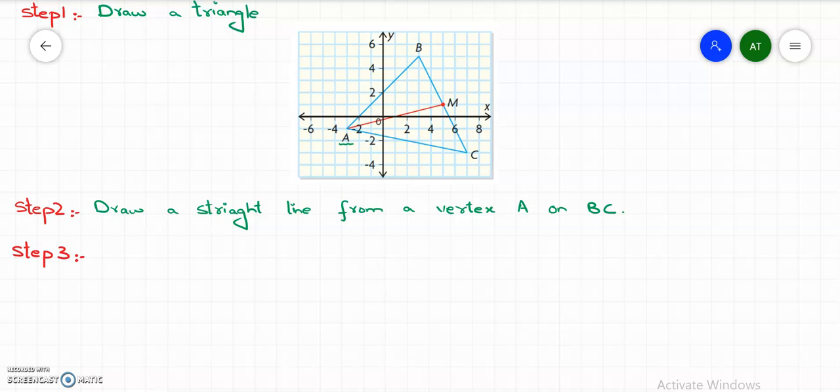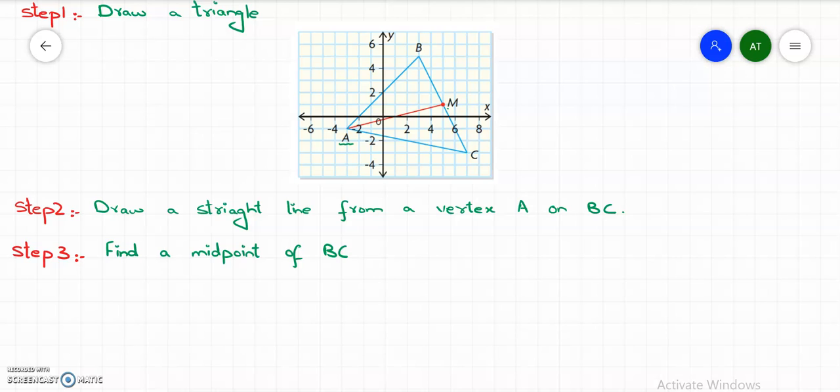In step 3, we need to find the midpoint of BC, because we have done drawing a line from vertex A on BC.